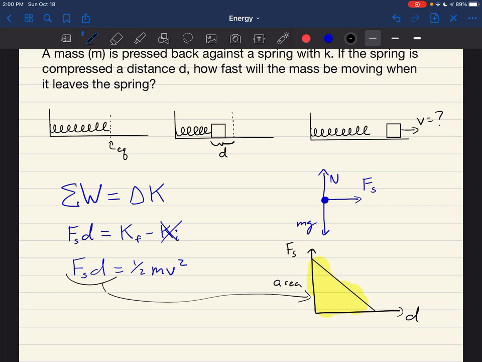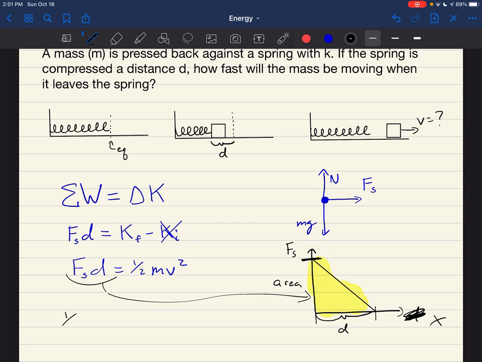And it turns out it's actually a triangle. So if we wanted to solve it, the area of a triangle is 1/2 base times height. And the base, this distance, is just d. Maybe I should have called that x or something.